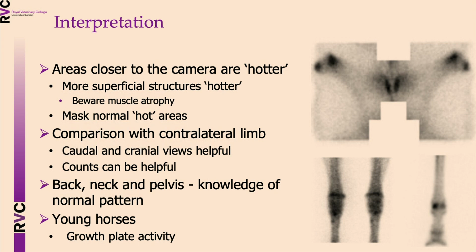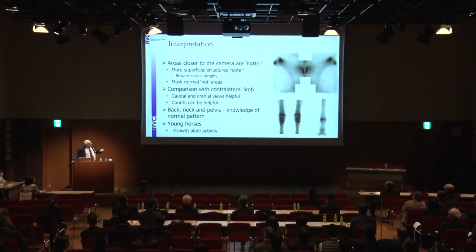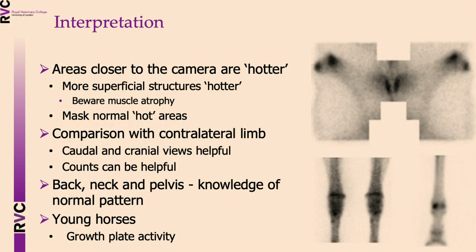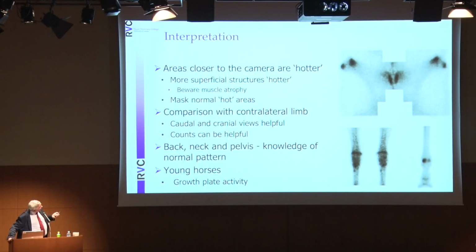So you can see that the tubercocci here and the tubus crali show up the brightest as in normal horses because they're not covered by muscle.